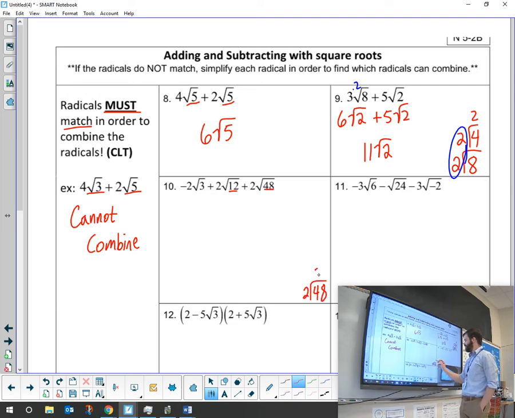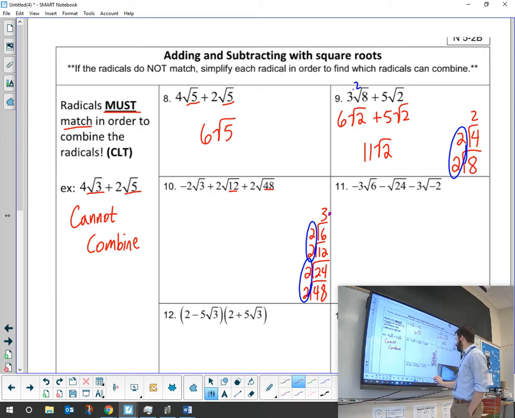48 divided by 2 is 24. 24 divided by 2 is 12. 12 divided by 2 is 6. And 6 divided by 2 is 3. Woo! There's a lot of 2's there. So for this one, we're going to pull out a 2, and we're going to pull out another 2, and we're going to have a 3 that stays on the inside.